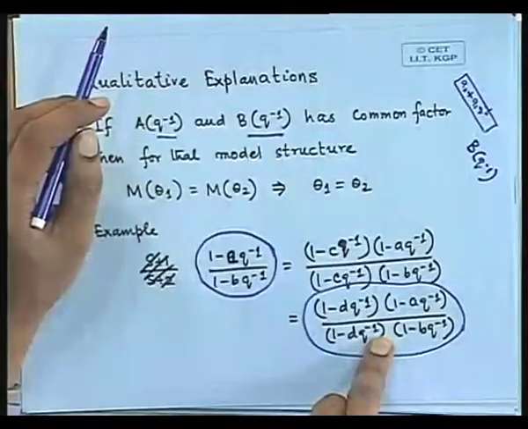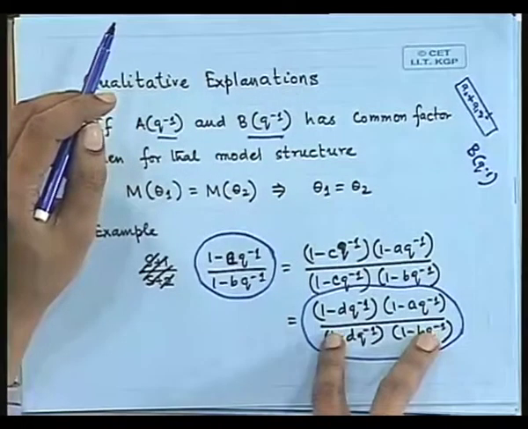So what is the model? The same system can be parameterized in various structures. For example, any first order system, which is (1 minus A Q inverse) by (1 minus B Q inverse), is a first order system. It can also be written like this, so it can always be seen as a second order system.